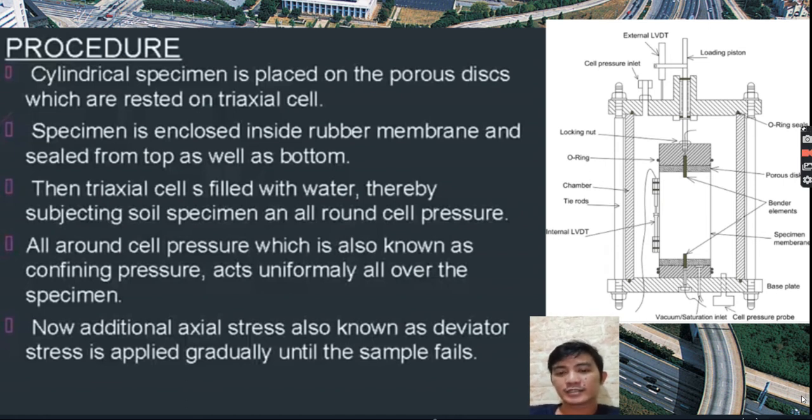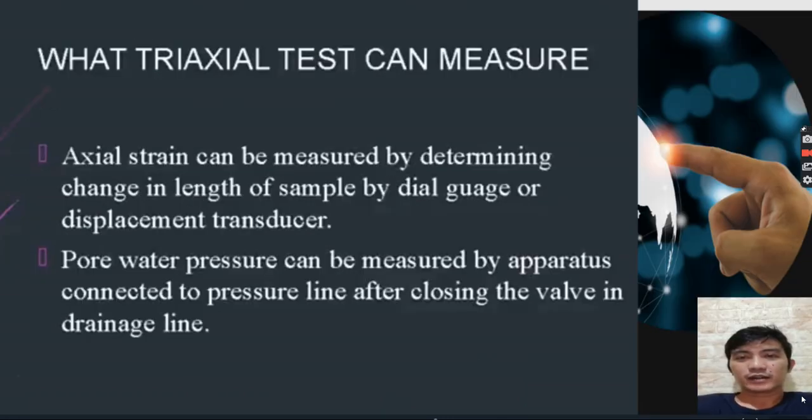What can the triaxial test measure? Axial strain can be measured by determining the change in length of the sample by dial gauge or displacement transducer. Pore water pressure can be measured by apparatus connected to the pressure line after closing the valve in the drainage line.